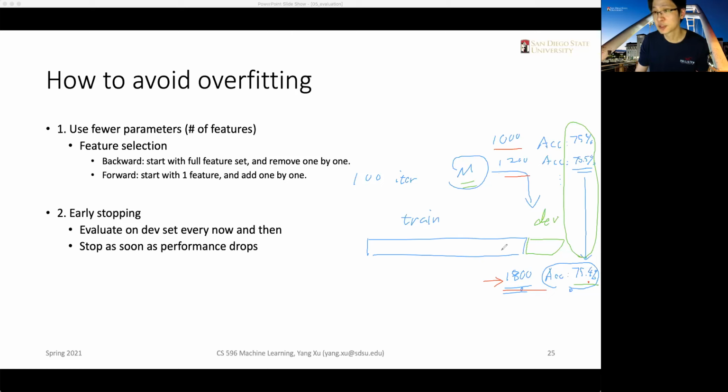But of course, if we are pursuing the best performance, we can go one step before. Nowadays the frameworks provide a very convenient way to trace back in the checkpoints. Yeah, that's the early stopping technique.